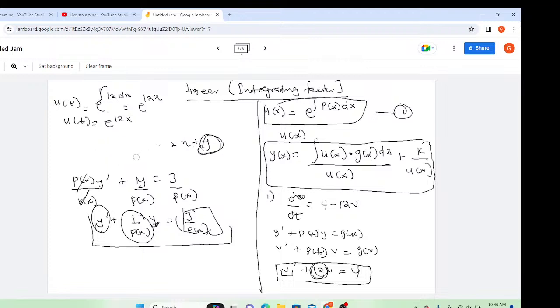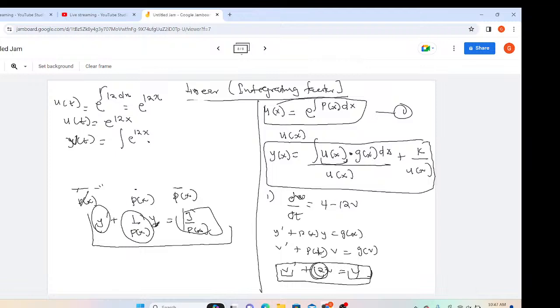Then we substitute that into our formula for the solution to the differential equation when it is linear. We see that our y of t, our v of t, is equal to the integral of u of x, so now it's u of t, exponential 12x, multiplied by our g of x, which becomes 4.